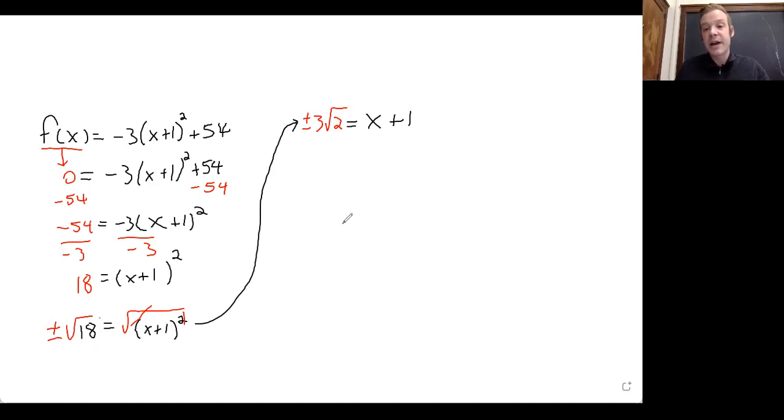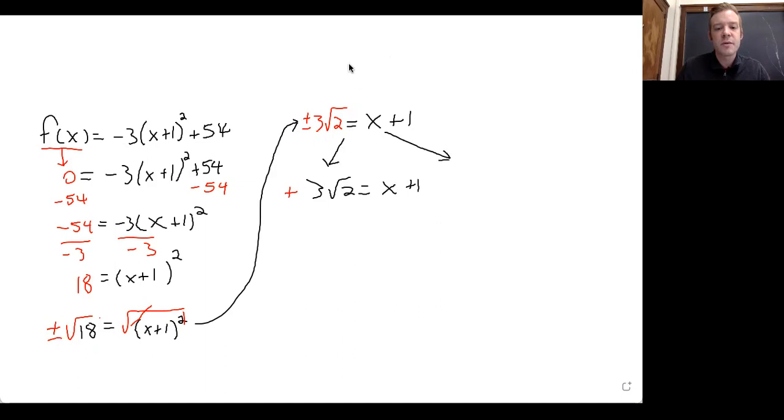So now, because we have both the positive and the negative, we can split this into 2 equations. So we have positive 3 square root of 2 equals x plus 1.